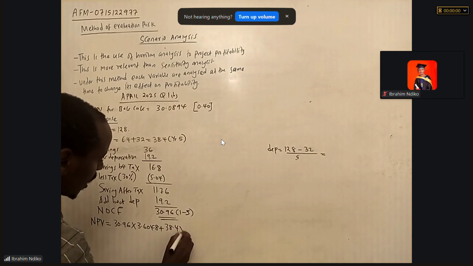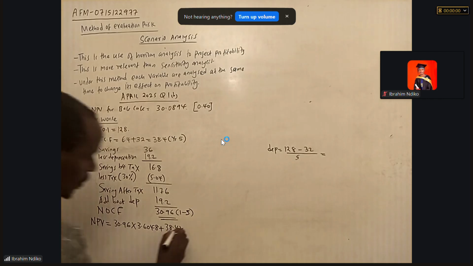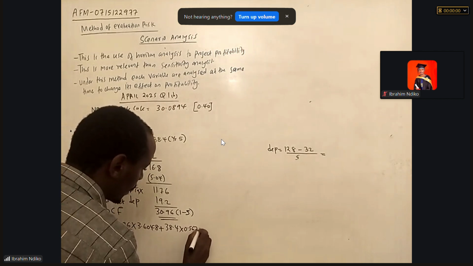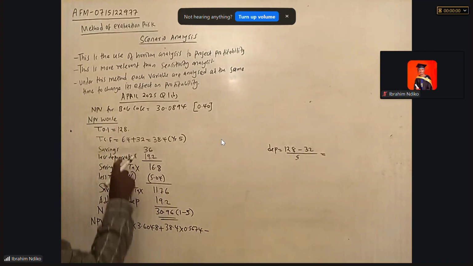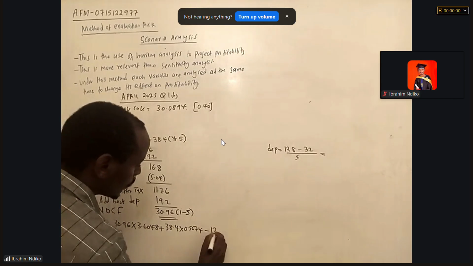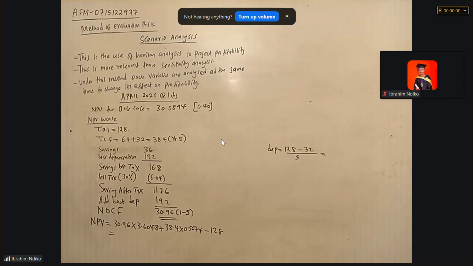That 8.4 unaangalia for year 5 only. Hii ilikuwa 0.5674. Then minus cost. What's our cost? 128. We shall get the NPV for that, the worst scenario.